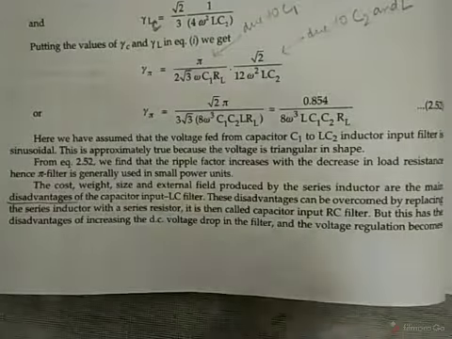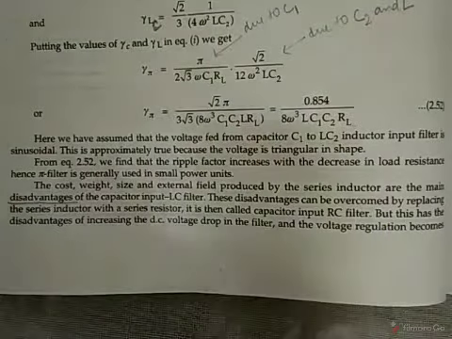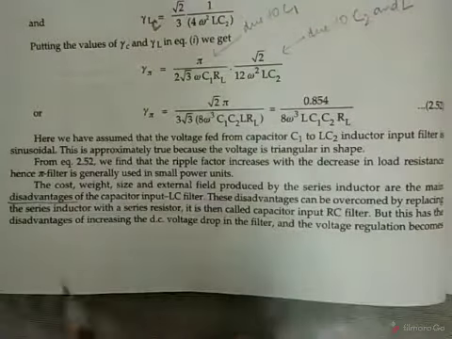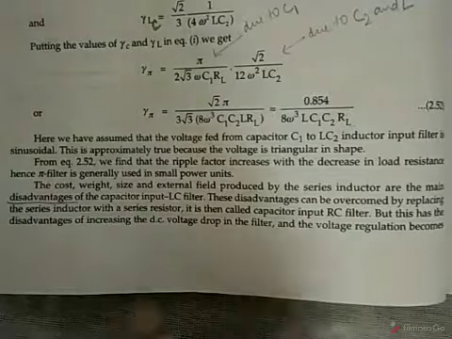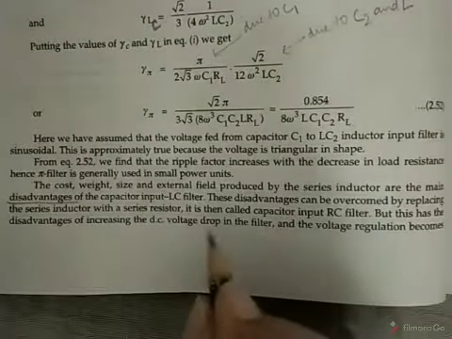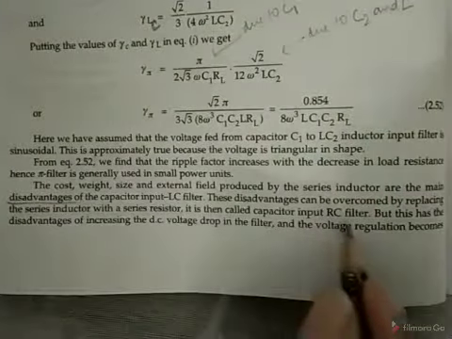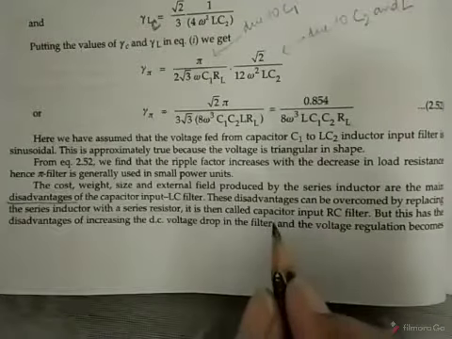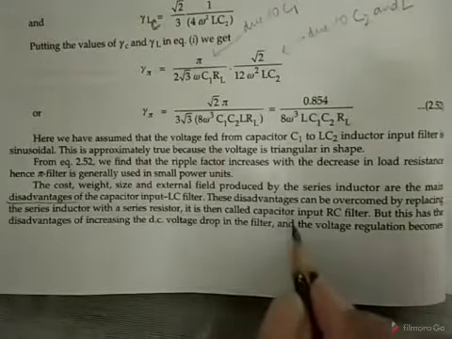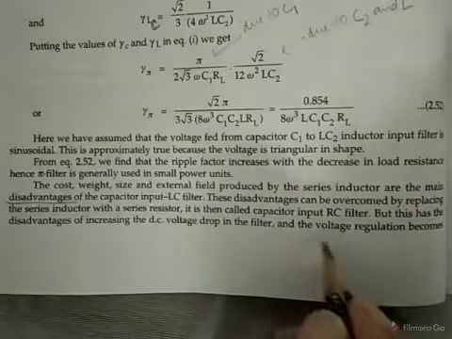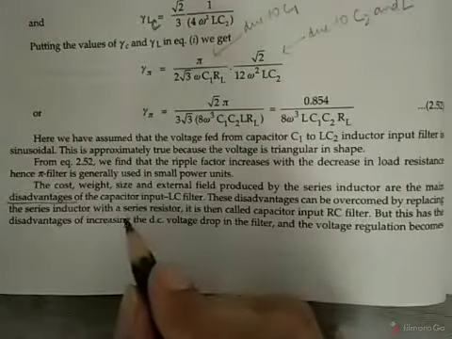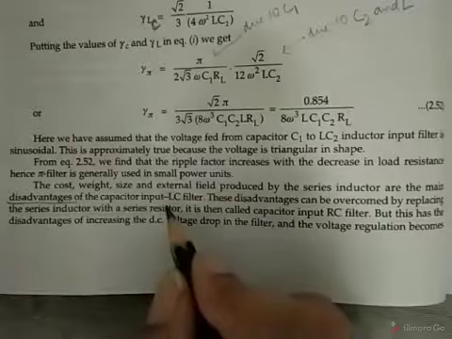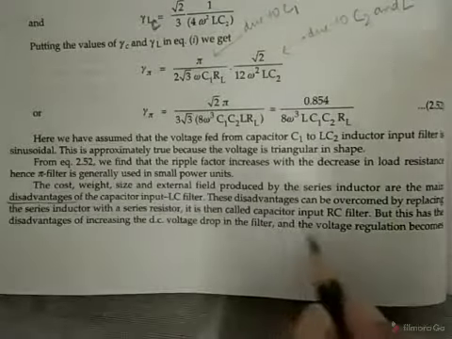We simply replace the inductor by a series resistor, and at that time the filter is known as a capacitor input RC filter. We are now doing the capacitor input LC filter, but if the inductor is replaced with a resistor, then it would be called a capacitor input RC filter.